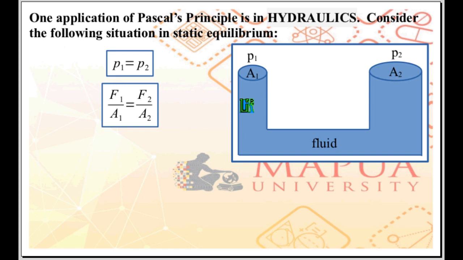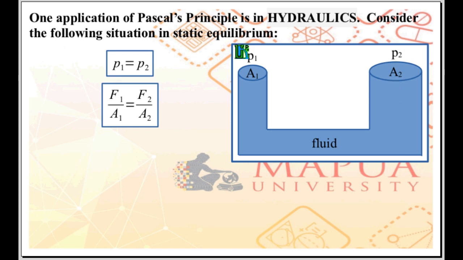That pressure is transmitted to all points inside the fluid. So we can say P1 is also applied on area A2. So above the piston, we have pressure P2. Under the piston, we have pressure P1.